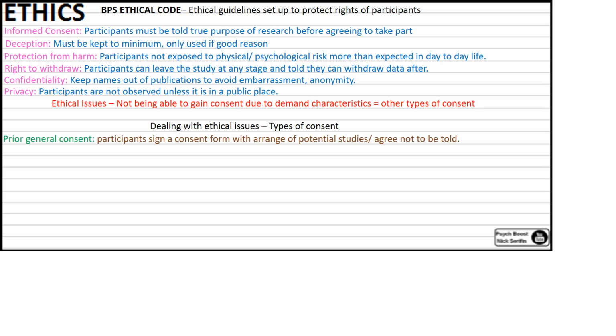Okay. So one option would be something called prior general consent. Participants would come in, and rather than giving them a very particular consent form which outlines exactly what they'll be doing in this study, you give them a larger consent form which has a range of things that you could test them on, and within that list is what they actually will be tested on, and then they sign the entire consent form.